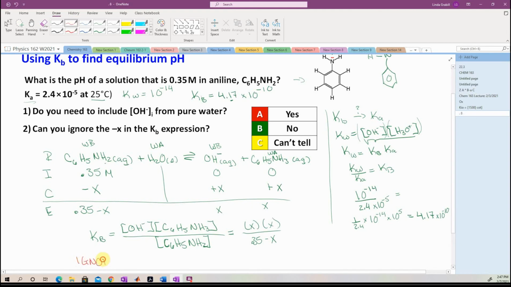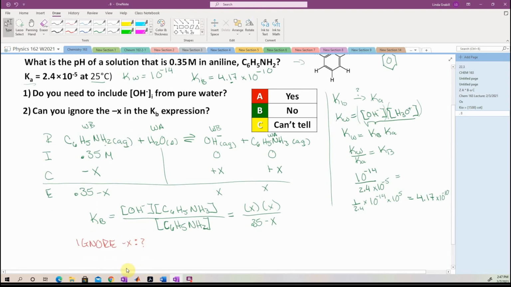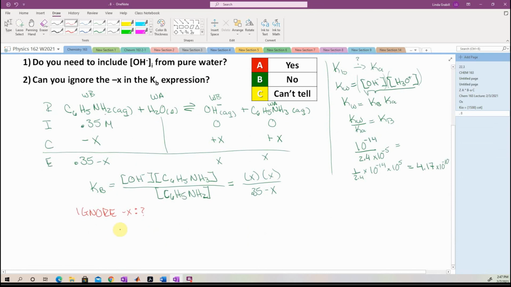Try to do it without your calculator and come back. All right, so let's check it out. My initial concentration is 0.35. My Kb is 4.17 times 10 to the negative 10. I want to try to do this without my calculator, so I'm going to write this as 3.5 times 10 to the negative 1 times the 10 to the 10 divided by my 4.17.